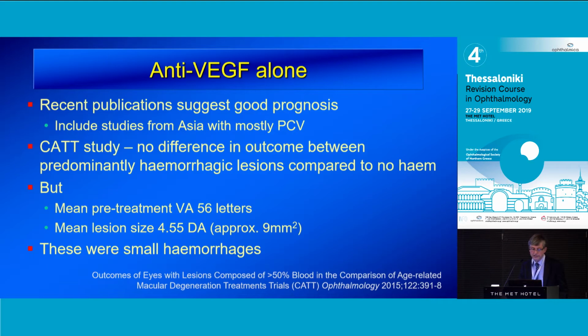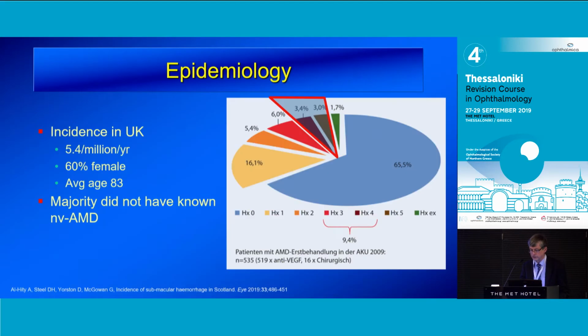There were less than 5 disc areas, so quite small, and the mean visual acuity beforehand was 56 letters. Now, that's pretty good. Most of the hemorrhages that I'm talking about, the vision is counting fingers. So I'm not sure that you can apply this to large hemorrhages. These were basically small hemorrhages.